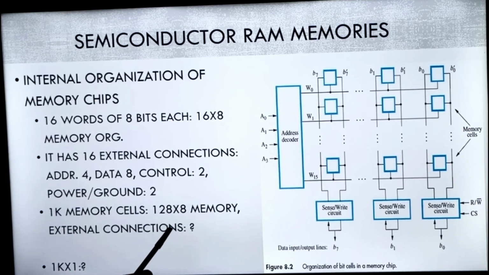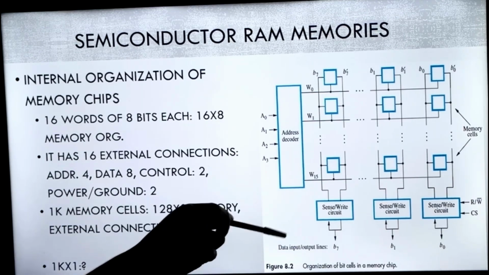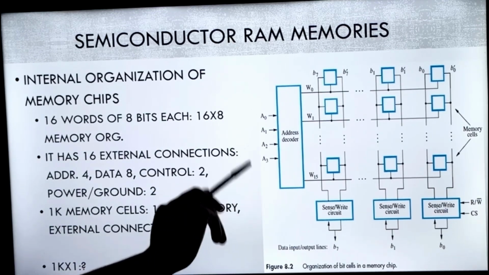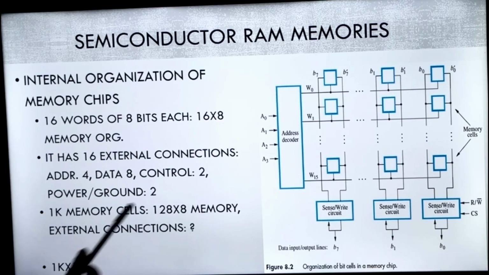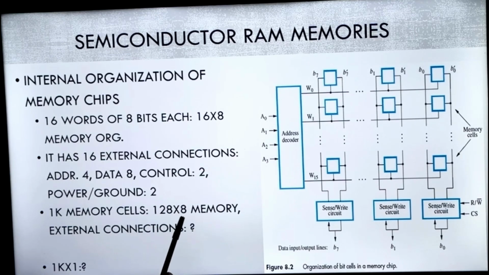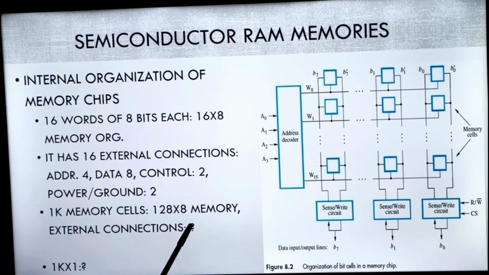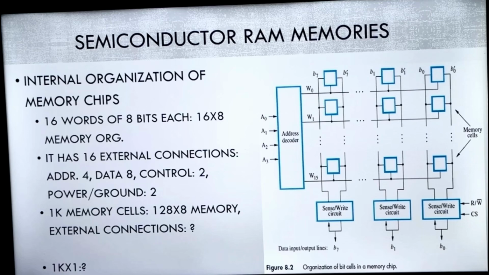Now for 128, how many input lines do I need? 2 to the power 7 equals 128, right? So I need 7 input lines to the decoder so that I can select any one of the 128 words. So 7 for input lines. I have 8 bits, so 7 plus 8, 15, plus 2 plus 2. Plus 2 for chip select, plus 2 for ground connection. That's it.